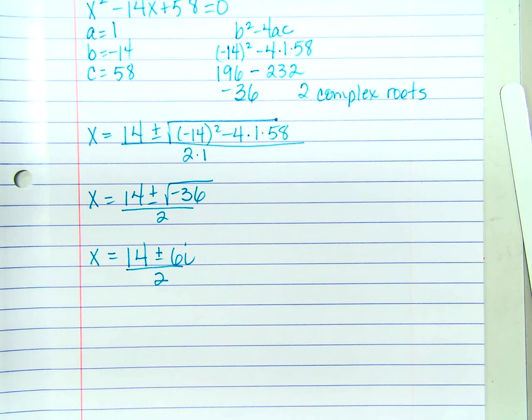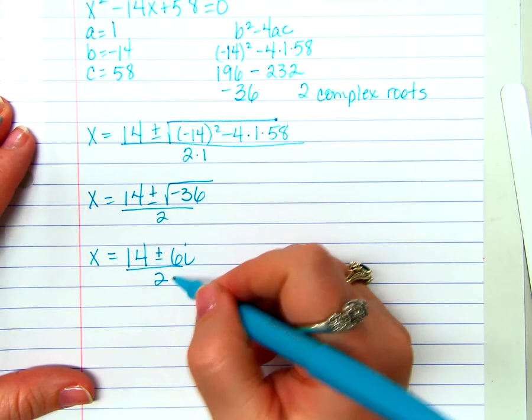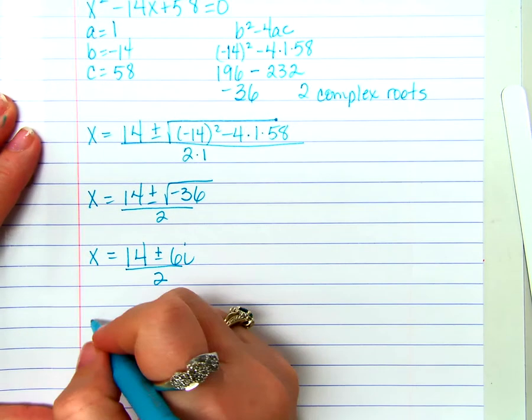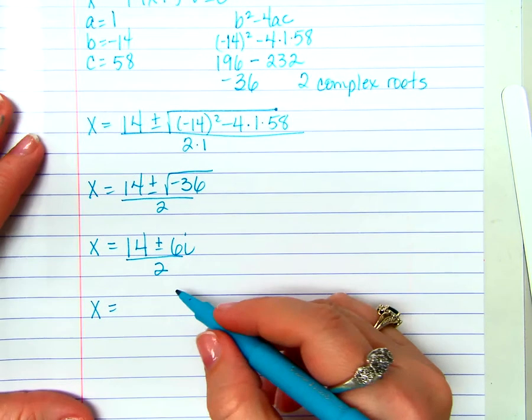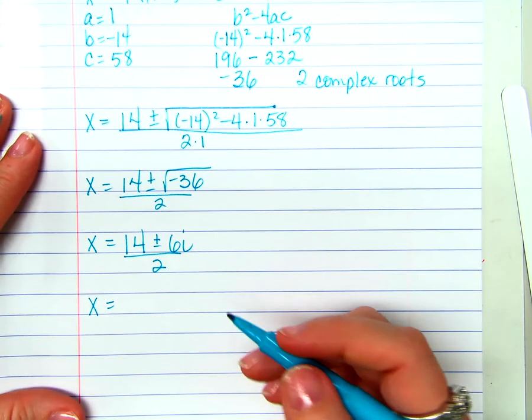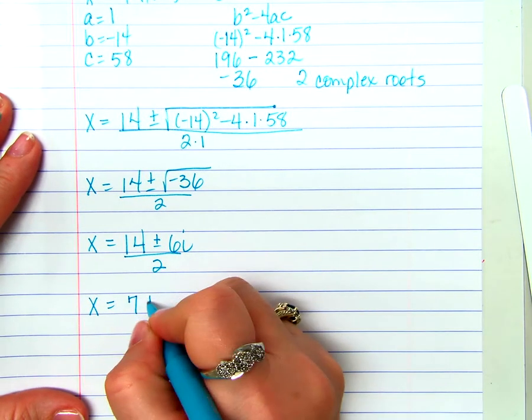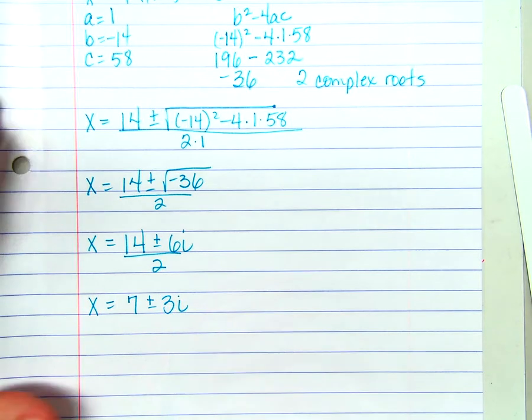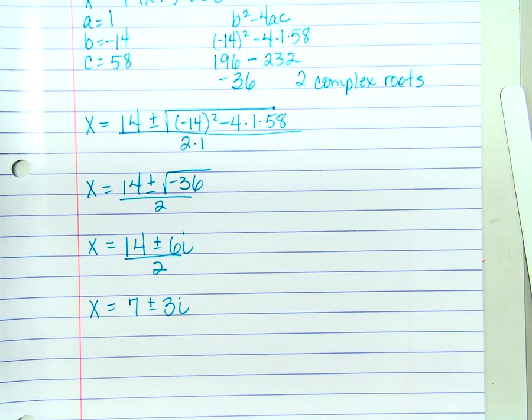Okay. I can divide everything by 2, right? Everything in the numerator is divisible by the same number as everything in the denominator is. But in this case, I can just go here, right? That's my answer. How many answers do I have?